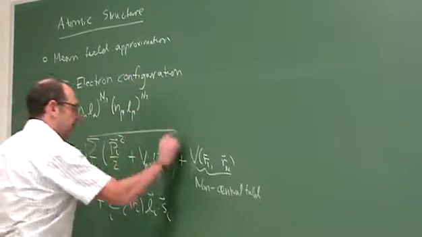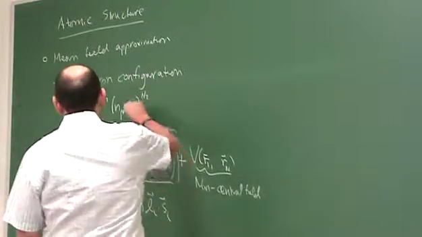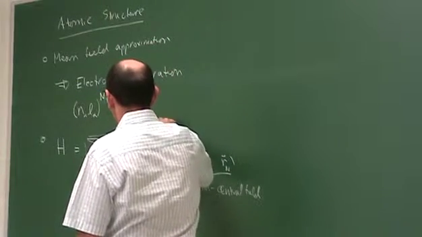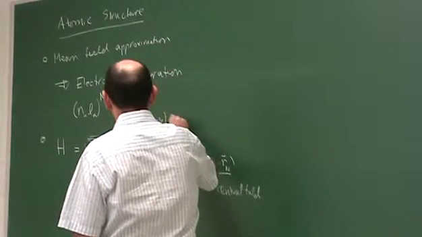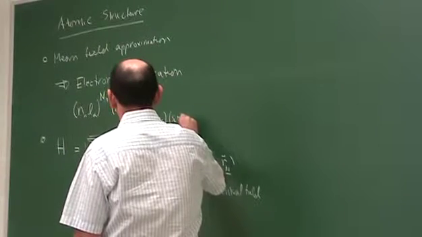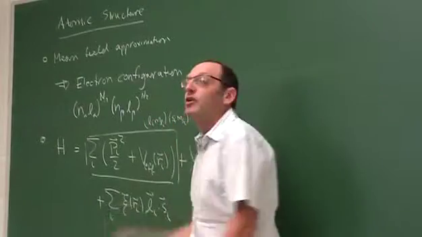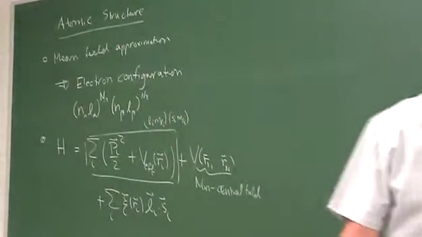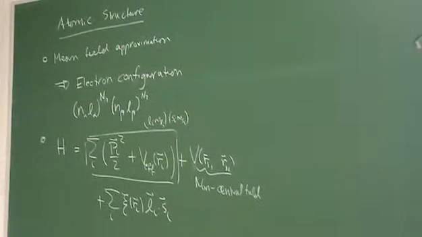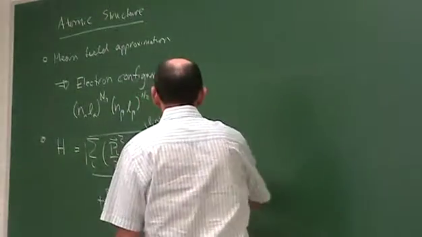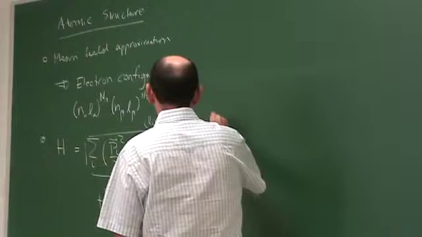In this, our good quantum numbers were that the individual electrons each have good quantum numbers. It's a separable approximation, right? This Hamiltonian commutes with the total angular momentum.